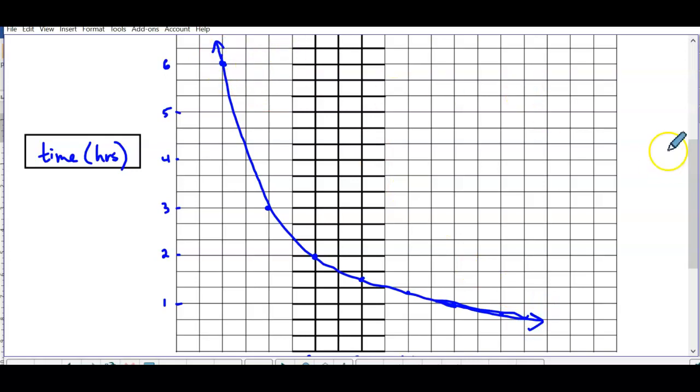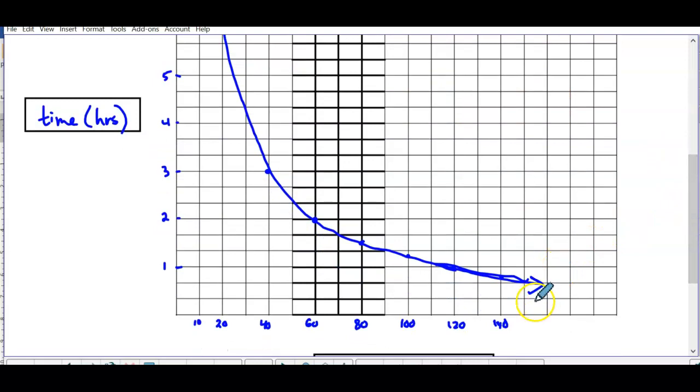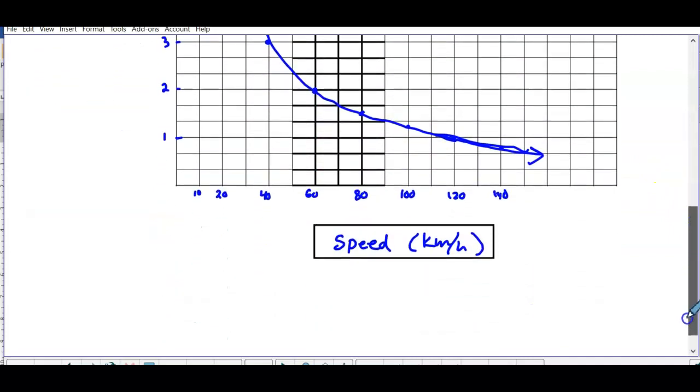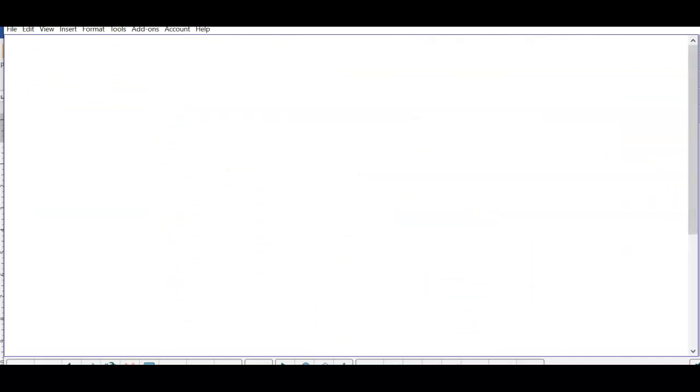So we put arrows on the end when we join it up, and basically this horizontal axis, it will never touch it. It'll approach it but never touch as the speed gets bigger. So we call that an asymptote. We'll talk more about that. And then here, this will never meet the vertical axis. It'll get close but never touch it. Okay. And then we're done.